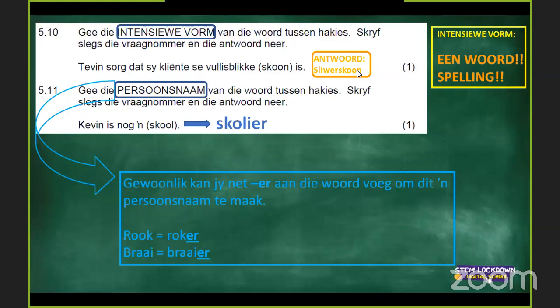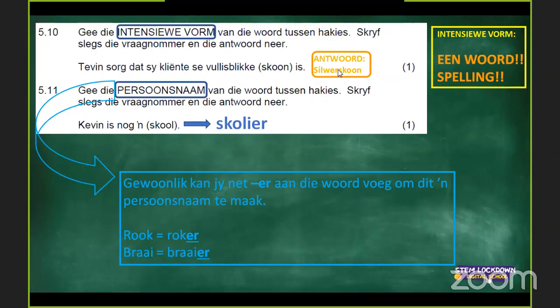If there is the slightest of doubt by the marker that you have not written it as one word, you will not be awarded the mark. Okay, please, I'm begging you, because a lot of you write down beautifully, silver skoon, but then there is a slight gap between silver and skoon, okay, and you are not going to be given the mark.